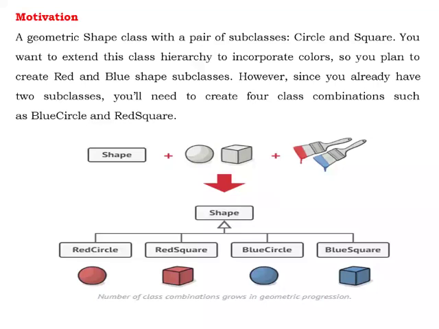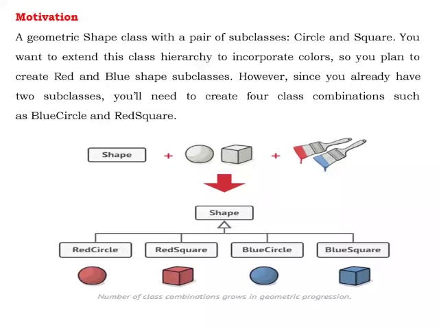So here we have selected two colors, red and blue. Since we already have two subclasses, circle and square, we are going to create four class combinations, that is red circle, red square, blue circle, blue square.